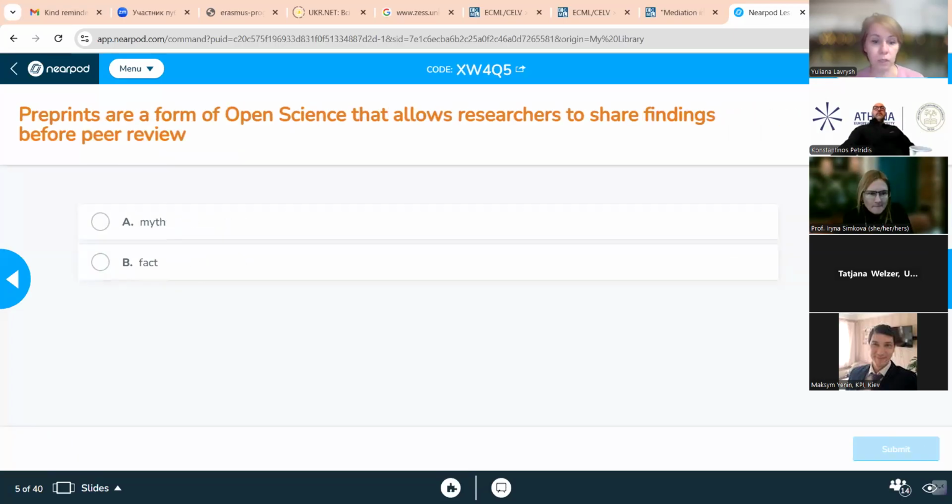Let's move on. So the next statement, preprints are a form of open science that allows researchers to share findings before peer review. If you have experience in publishing your papers, you know that peer review is something that is absolutely mandatory.